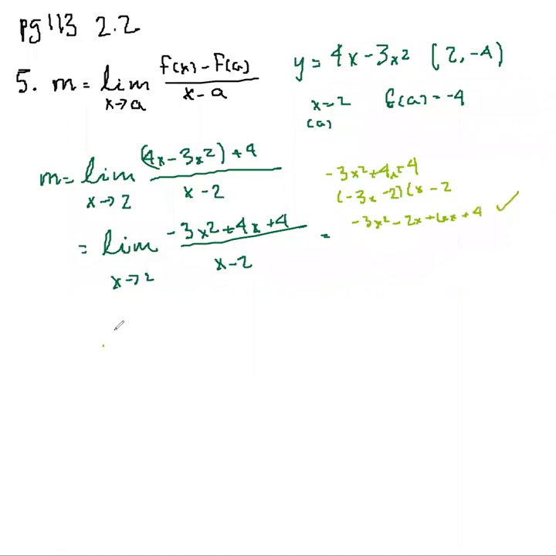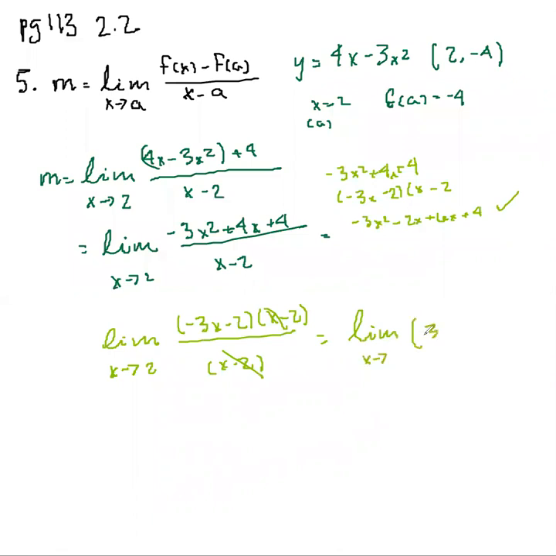this can be turned into the limit as x goes to 2 of negative 3x minus 2 times x minus 2, over x minus 2, which means that we can get these to cancel. Now we can say, as x approaches 2, what is going to happen?